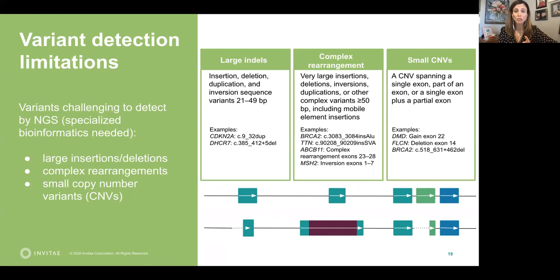Complex rearrangements, so these are greater than 50 base pairs of insertions, deletions, duplications, or even inversions where the DNA sequence is actually flipped backwards, as well as copy number variants that might expand multiple exons, can be very challenging for next generation sequencing to pick up on its own. And that's where the bioinformatics pipeline that the sequence goes through after sequencing is complete is very important to help sort out these types of genetic alterations.